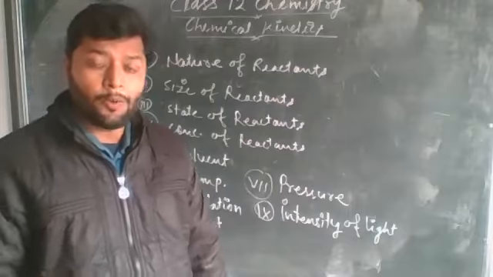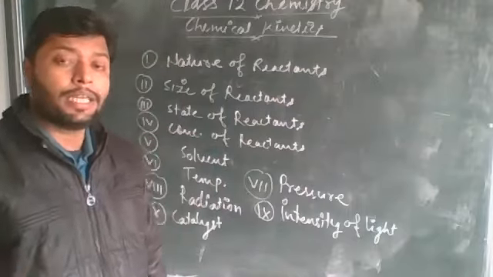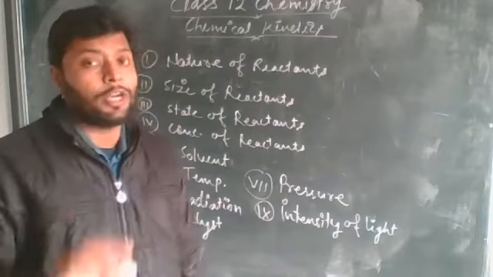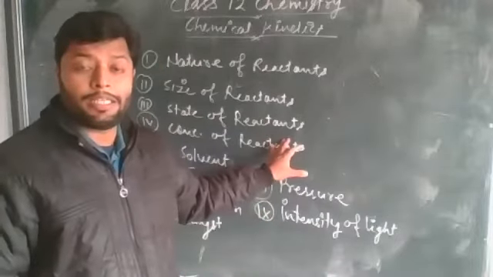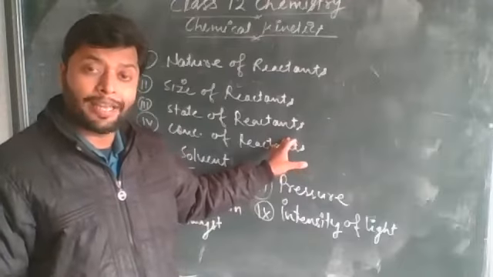This is the reason why the rate of reaction is generally very high for gaseous particles, not for liquid or solid particles. So the rate of reaction will be generally very high for the gaseous state compared to other states.